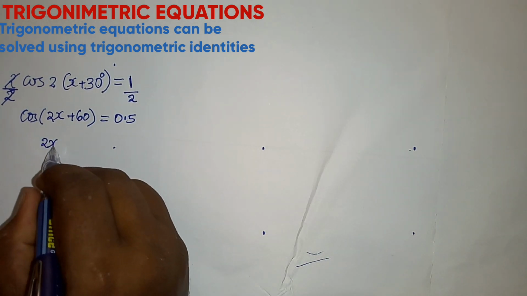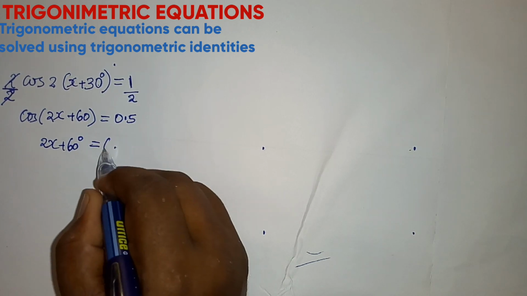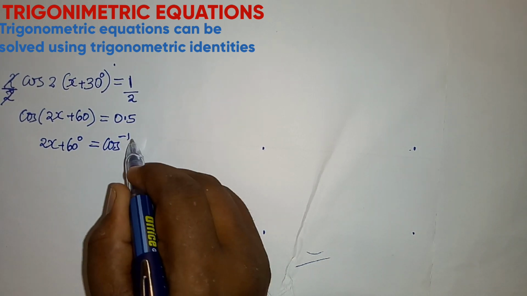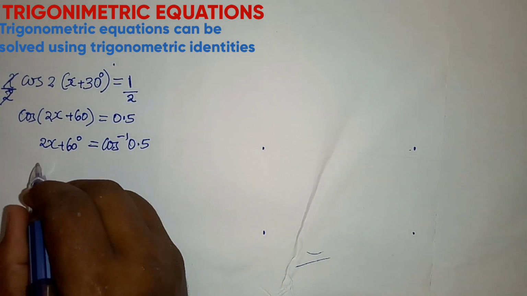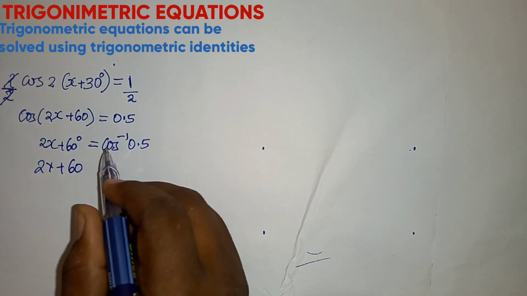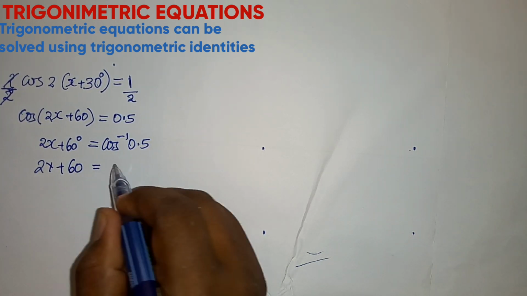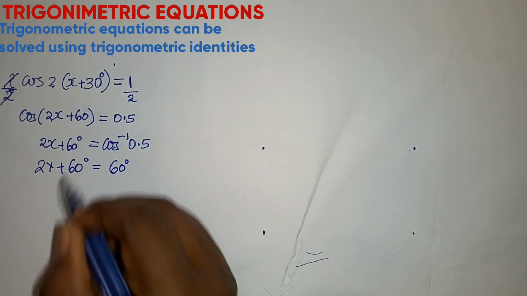Therefore, 2x plus 60 degrees will be equal to cos inverse of 0.5, which is 60 degrees.